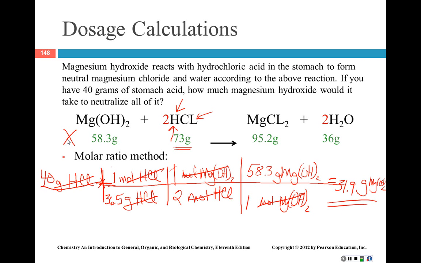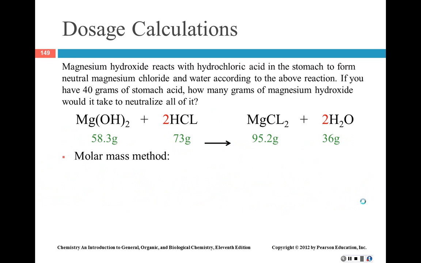I did not have to do this step; I just used my molar ratio. So I used the 40 grams I was given, then the molar mass of hydrochloric acid, the molar ratio between hydrochloric acid and magnesium hydroxide, and then the molar mass of the magnesium hydroxide, and that gave me my answer.